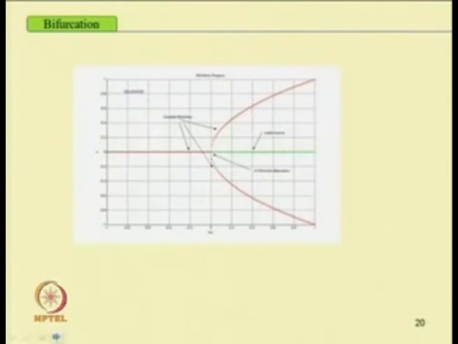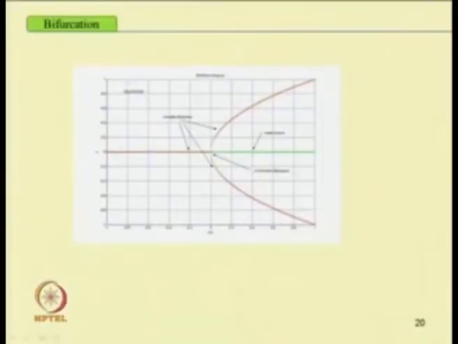So, now we know what we mean by a stable system and an unstable system. Also, we have seen some examples of different responses, and we know what we mean by bifurcation. In case of bifurcation, we mean either the stability of the system changes or the number of responses changes.